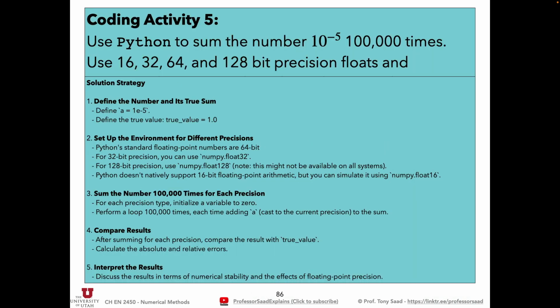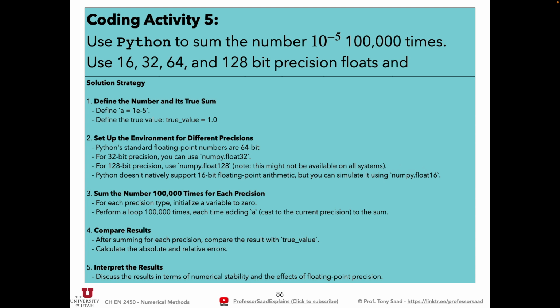All right, here's how we're going to do this. We will define the number 10 to the minus 5 and put it in a variable. This will default to a 64-bit floating point, which is fine. Then we define the true value to be 1. We know the true answer in this case: 10 to the minus 5 times 10 to the 5 is 1.